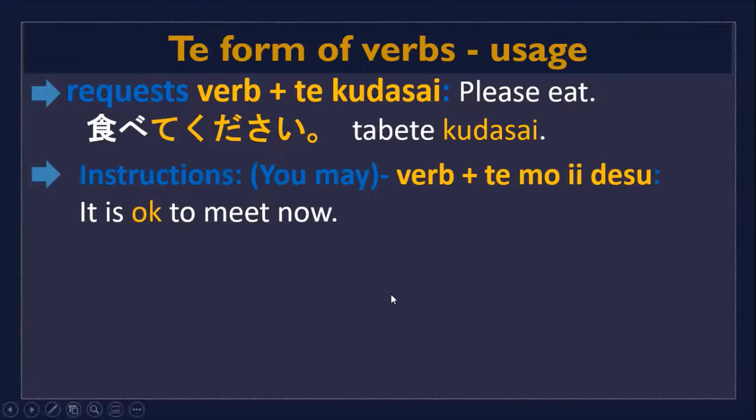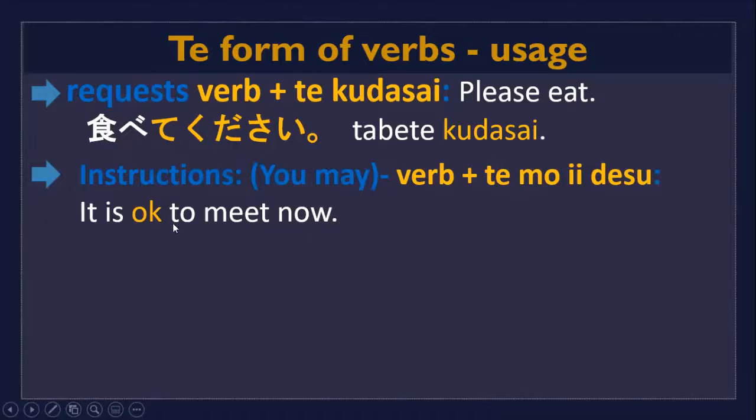Next, to give some kind of instructions or to say you can eat here or you may not eat here. It is okay to eat over here. It is okay to speak here. So the verb plus te and then mo ii desu. Ii means okay. This is the expression: verb plus te mo ii desu.